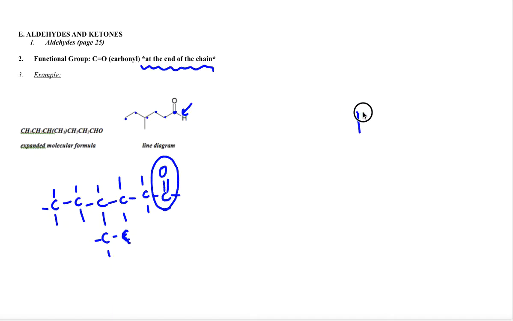So again, we're going to take the alkane name, which in this case is hexane, and drop the E. For an aldehyde, the ending is -al. So this is hexanal. Now with aldehydes, we don't need to tell people where the carbonyl or the functional group is because the name tells us.